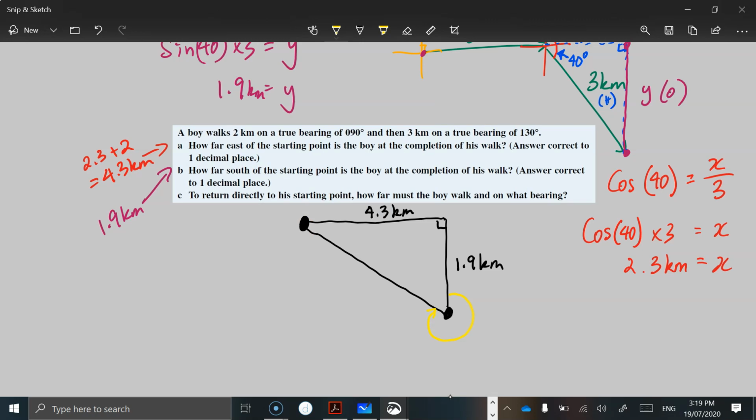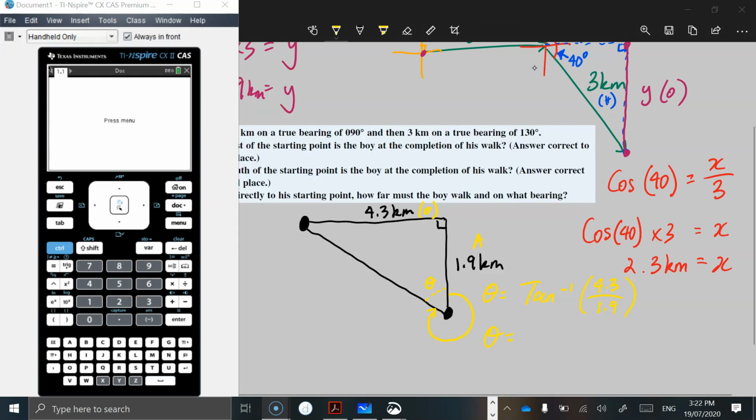So what's the best way to do it? Is to work out what this angle is and take it away from 360. And we've got two sides, and this we can make as the adjacent, and we can make this one as the opposite. So we will need the tan function, but theta is the inverse of tan, and our opposite is over our adjacent. Okay, so we're going to go into our calculator and work out theta.